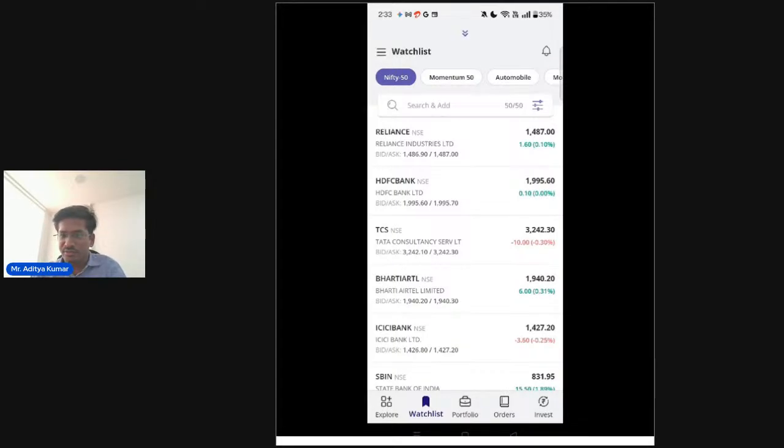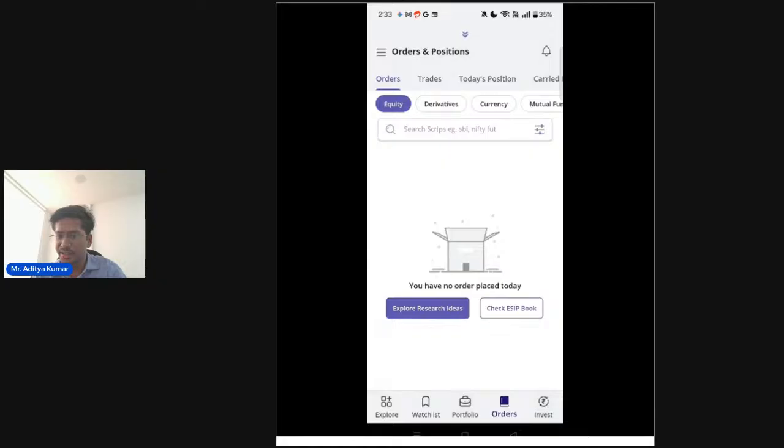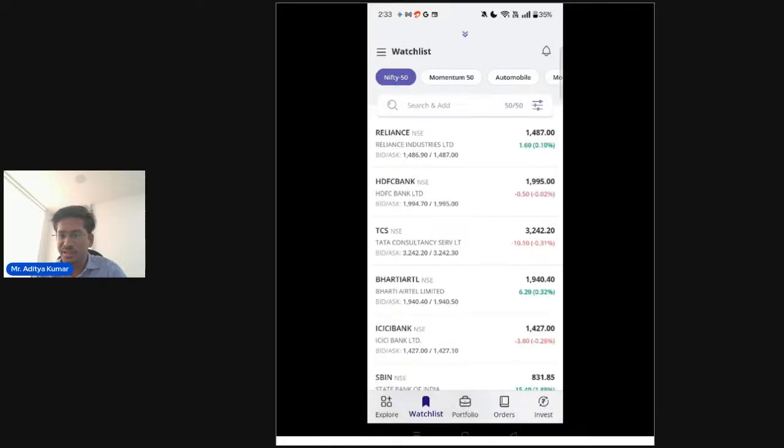You will be seeing five different sections, namely Explore, Watchlist, Portfolio, Orders, and Invest. These are your control buttons to navigate the app. Think of them as a toolkit for managing your investments. Whether it's finding new opportunities, tracking your stocks, or investing in mutual funds, here is what each one does.